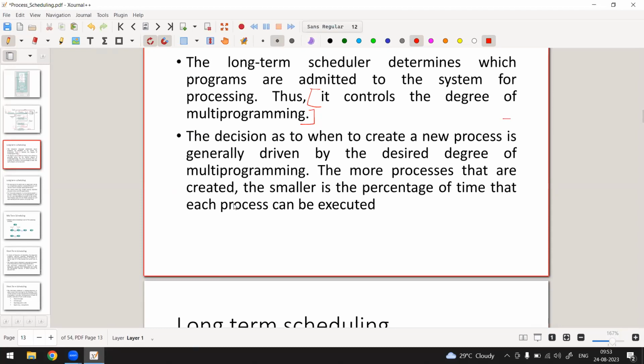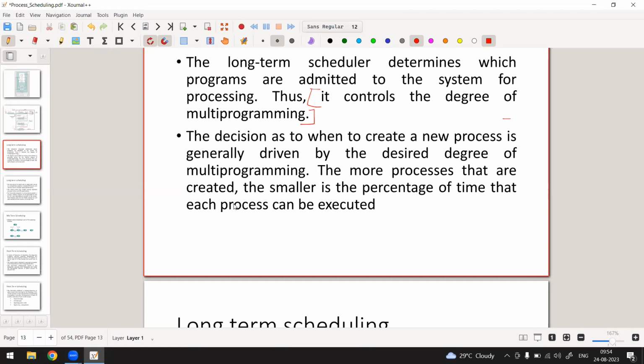So how will you take the decision whether you want to add a new process to the memory or not, whether you want to create a new process or not? The decision as to when we should create a new process is generally dependent on the degree of multi-programming.